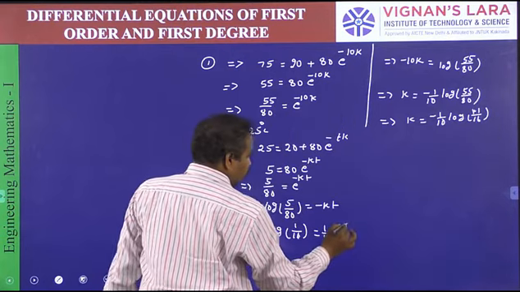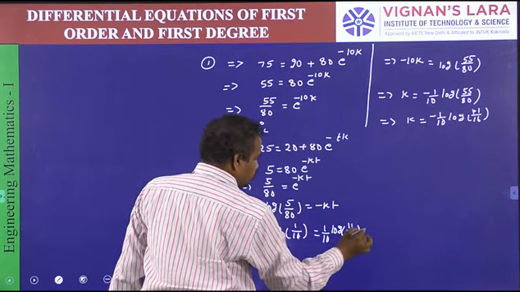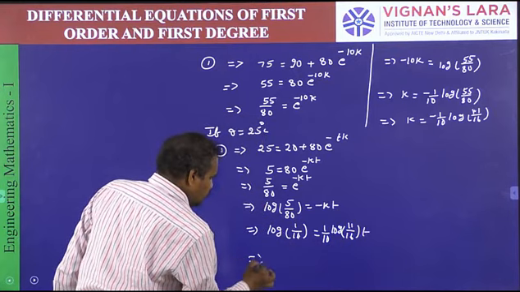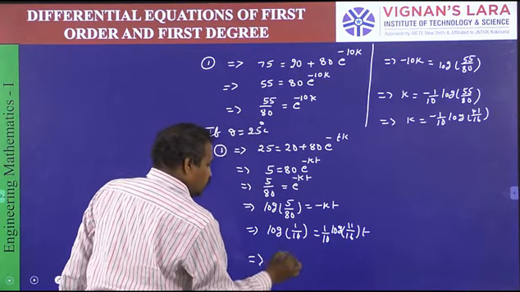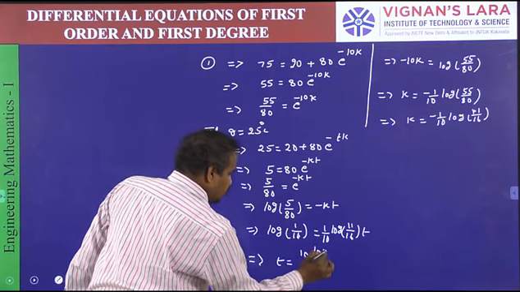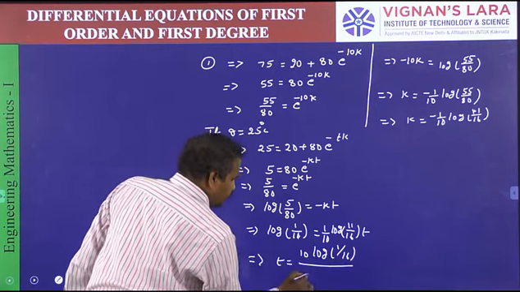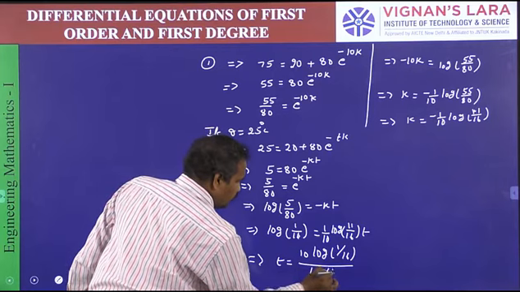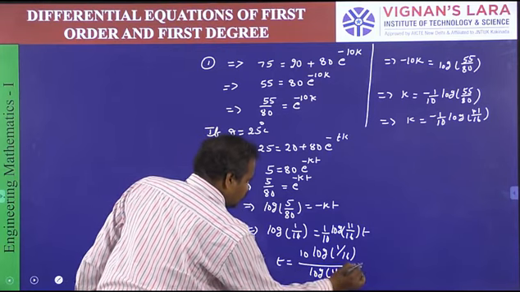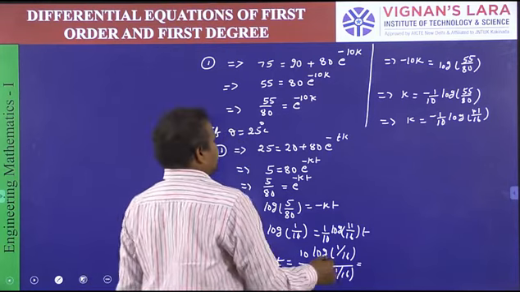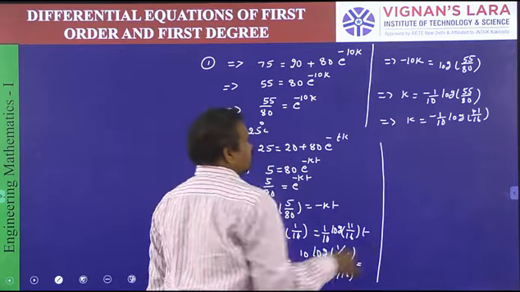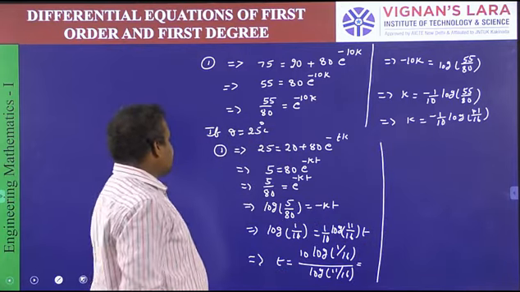Substitute that one. Log of 11 by 16 into t. From this, t is equal to, this one comes to this side by multiplication, 10 into log of 1 by 16 by log of 11 by 16. Use your calculator, you will get the particular time of this one. This is the first question.